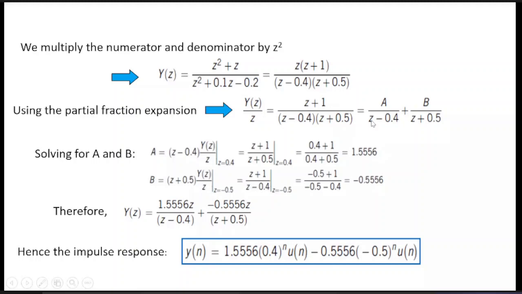Once we get Y(z), you have to apply the inverse z transform.